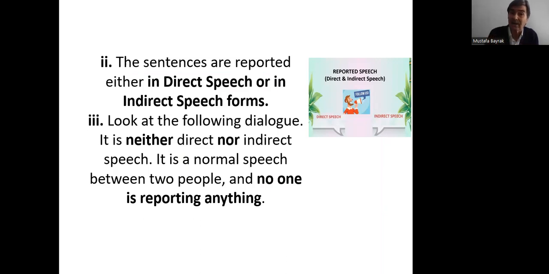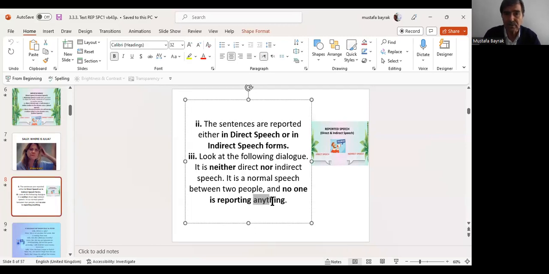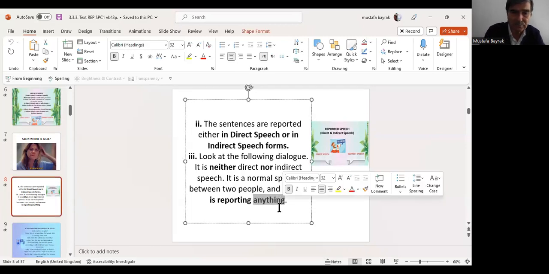It is neither direct nor indirect speech. It's a normal, daily, routine speech between two people, and no one is reporting anything.